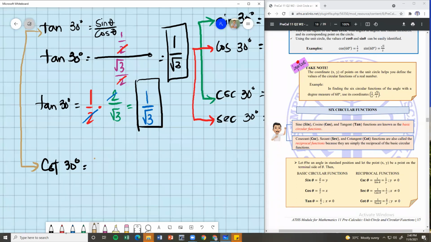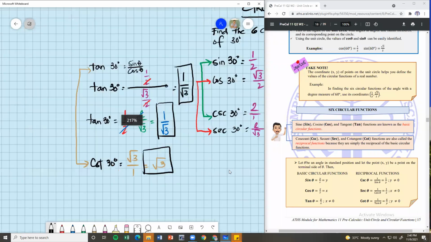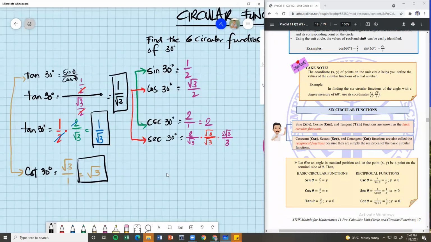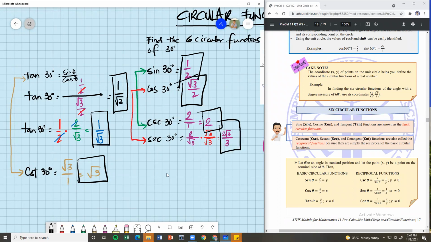And that is square root of 3 over 1. When we simplify this, this is just the square root of 3. That's it. And we're done. Those are the 6 circular functions. Show a reaction if you understood that process. Yun, that's it. Ganun lang siya kasimple.